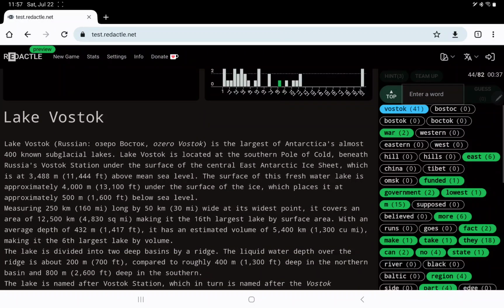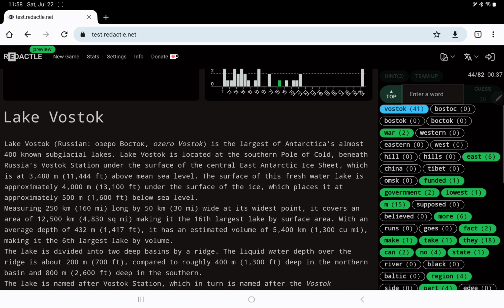Lake Vostok. Oh, there is, but I think because it's Cyrillic, it didn't match when I put in Boctok. That's interesting. The largest of, oh, it was Antarctica's.